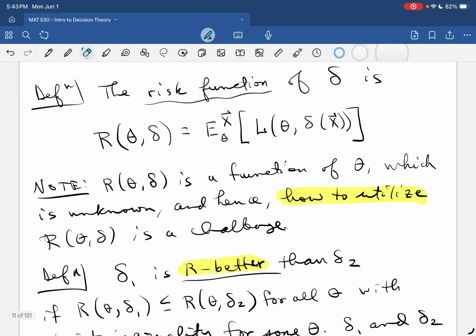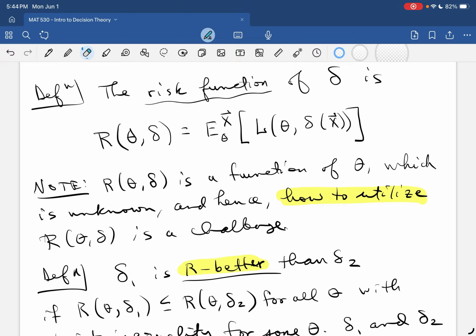So the risk function of a decision rule, a classical decision rule, is what we see here. So we take the expected value of the loss function with respect to x. Remember that superscript tells us the expectation with respect to which variable we're taking the expectation.